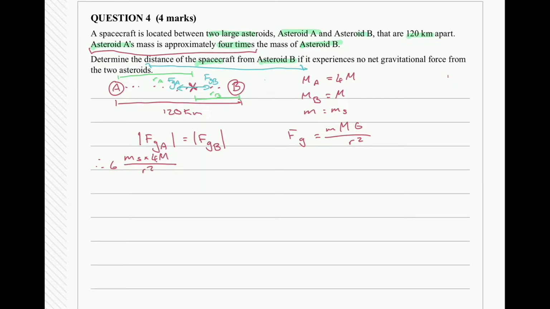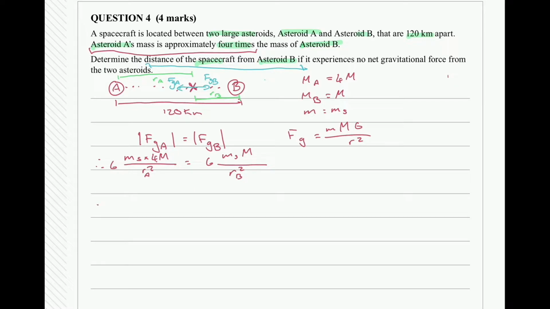And we'll get back to what these r squared values are, but this is going to be the r squared for planet A, and that's going to be equal to G ms, the mass of our spaceship, multiplied by capital M this time, because it's the mass of planet B, divided by radius B squared.